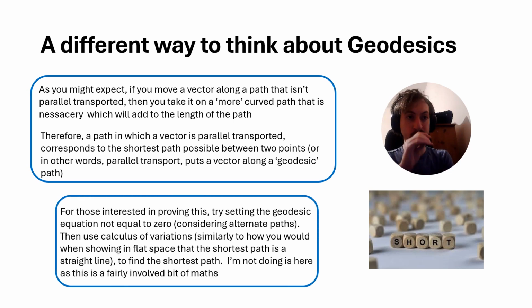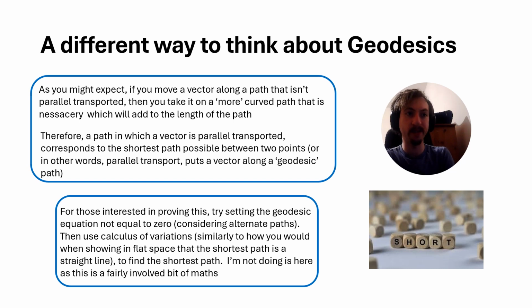But if you want to prove it, you take the geodesic equation, and instead of setting it to 0, you set it to something that is non-zero, and that's because we got our geodesic by multiplying our tangent vector with the covariant derivative of the tangent vector. The tangent vector in this case being the tangent vector to 4 positions, so the tangent vector is 4 velocity. But if you're not doing parallel transport, then your covariant derivative isn't 0.